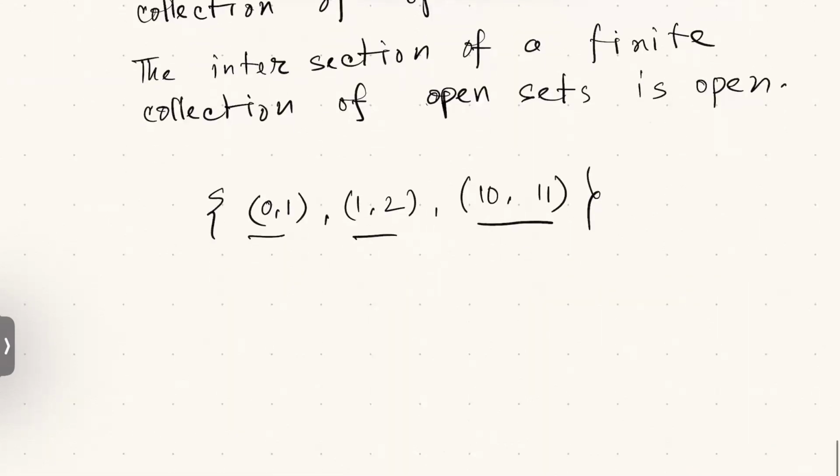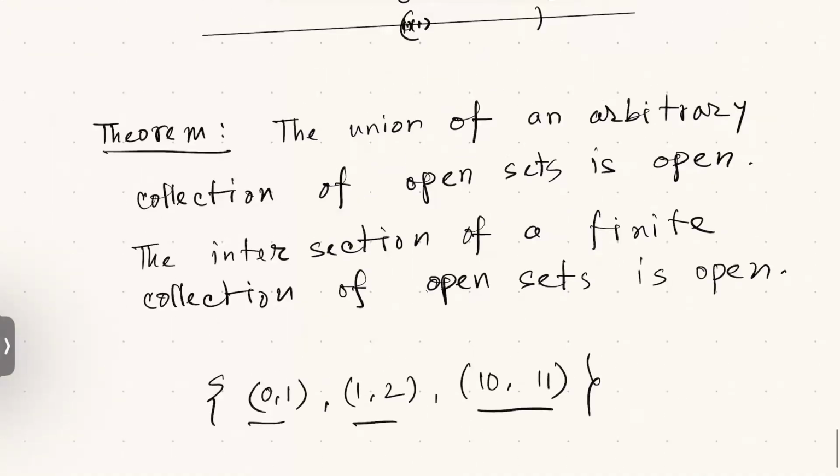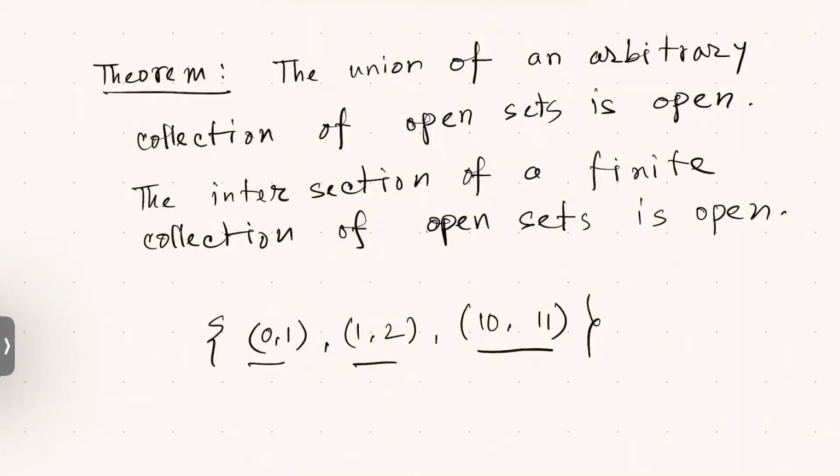So the union of an arbitrary collection of open sets is open, and the finite intersection is open.